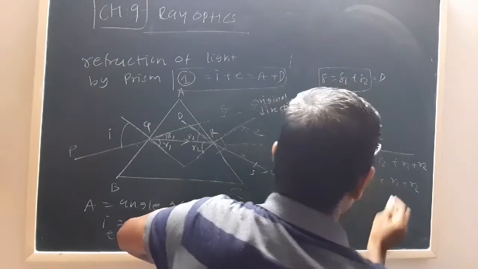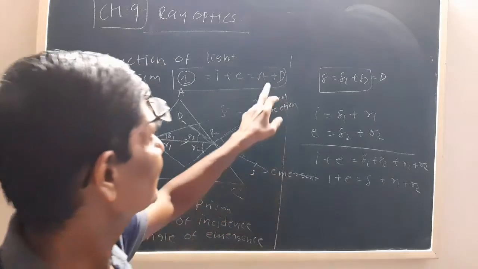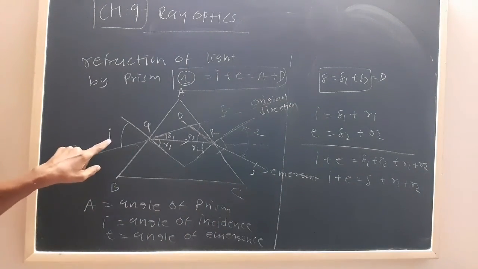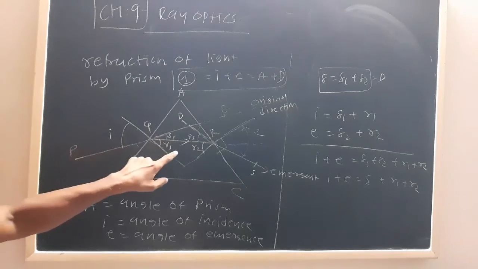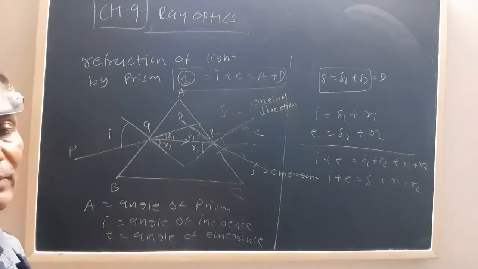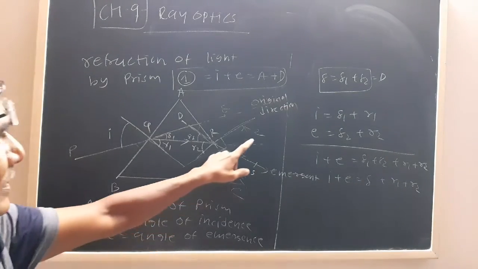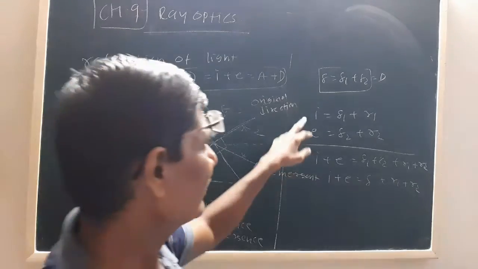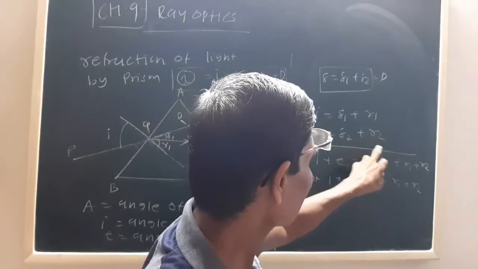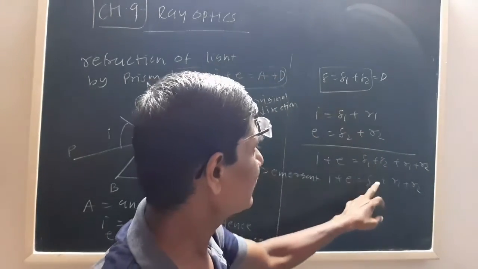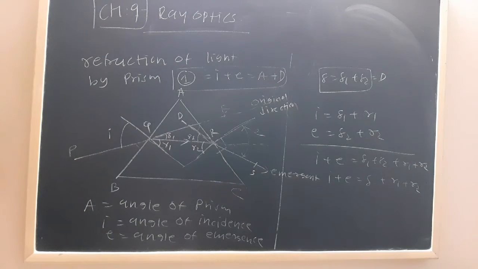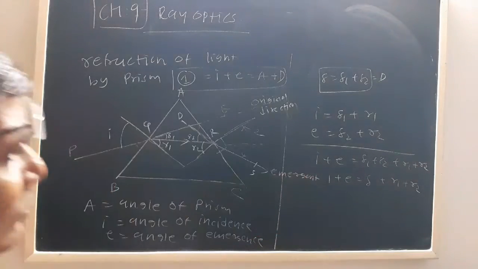One thing is remaining, we have to prove R1 plus R2 is A. Again, I is equal to delta 1 plus R1, and the angle made by the emergent ray with the normal, E, is equal to delta 2 plus R2. Now if I add these two equations, I plus E is equal to delta 1 plus delta 2 plus R1 plus R2. Delta 1 plus delta 2 is delta, we have proved. Now R1 plus R2 we have to see.